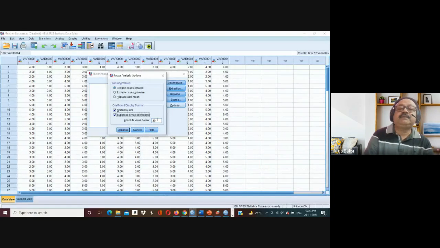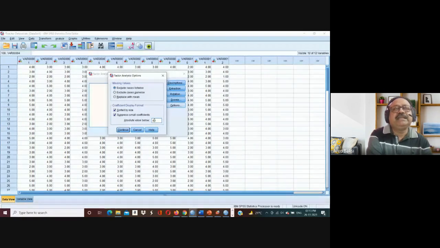Now it is my prerogative to fix what correlational value I will accept for the interaction between a particular variable and the factor. The rule of thumb is again 0.6, so any factor loading over 0.6. Now it again depends on the number of variables you have to deal with.